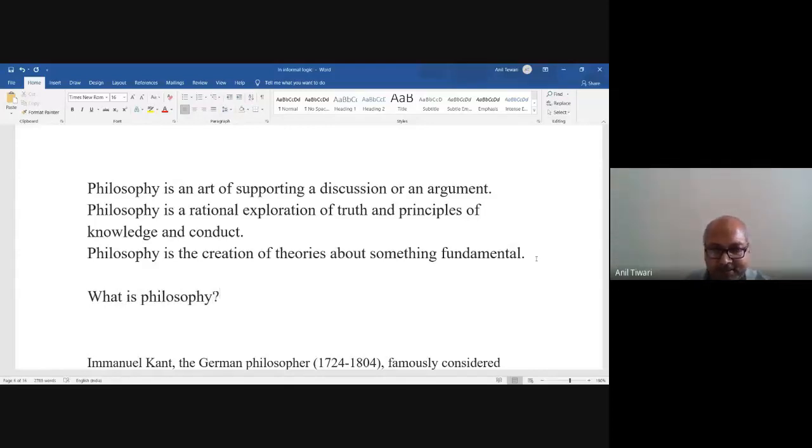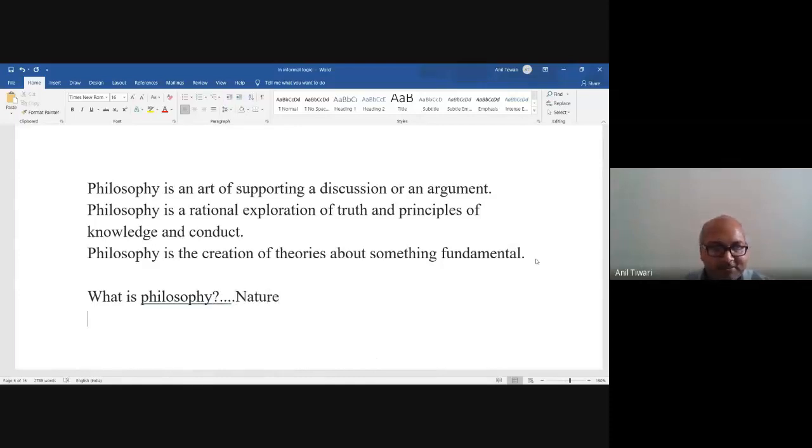This is one. That means you are looking for the nature of philosophy, and then how does it work? So you are looking for the function of philosophy.